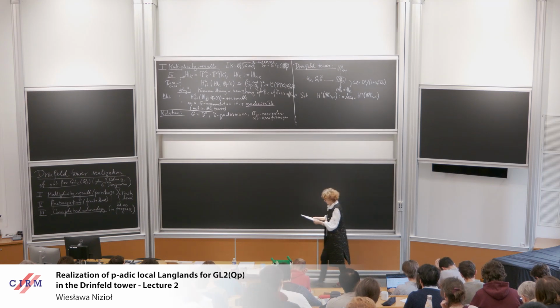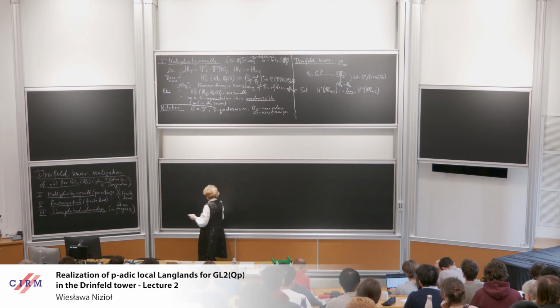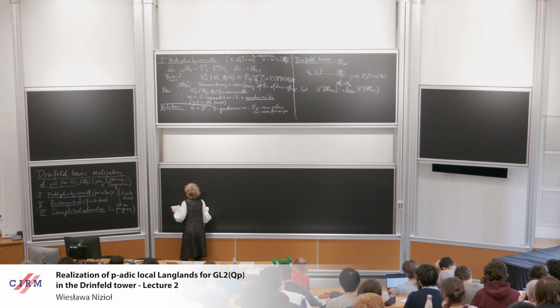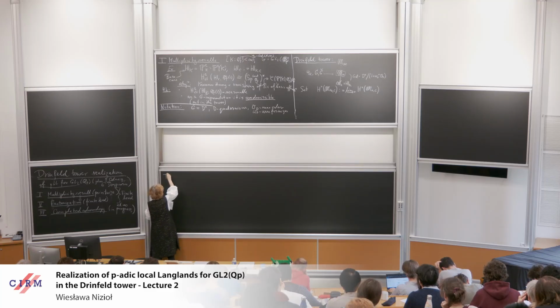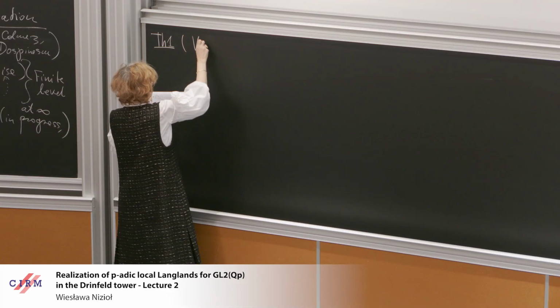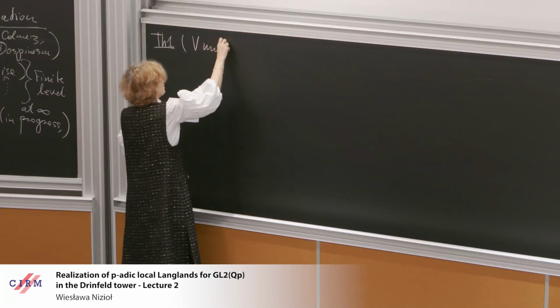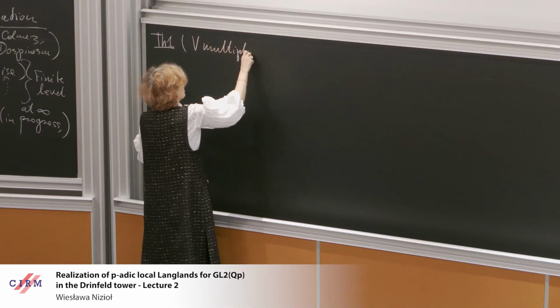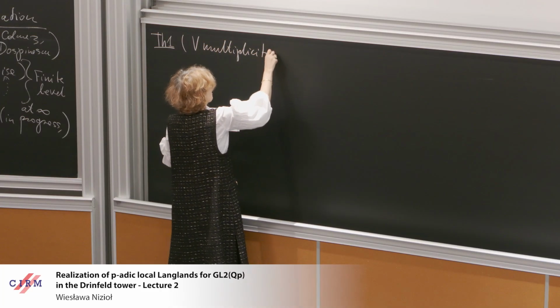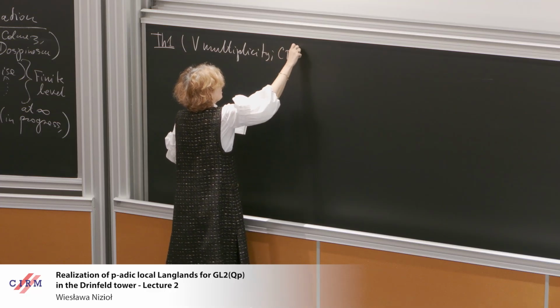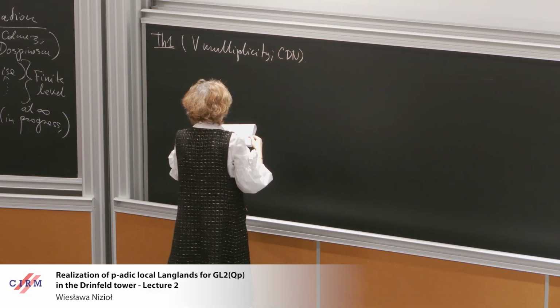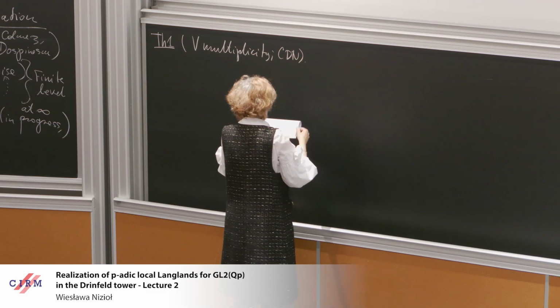Okay, so that's the picture, and let me state the two pointwise multiplicity theorems. The first one is in the first paper. So it's V multiplicity. V refers to Galois representation.